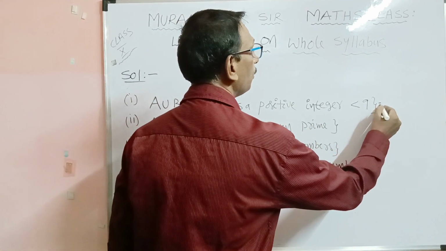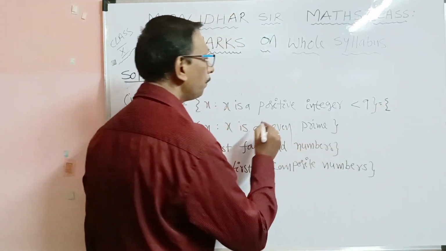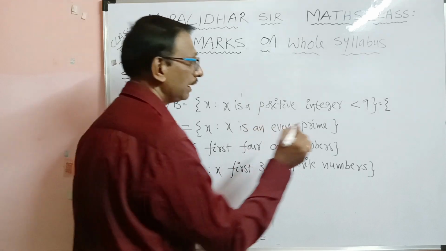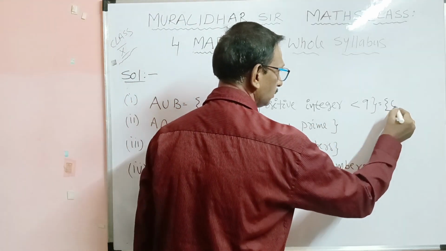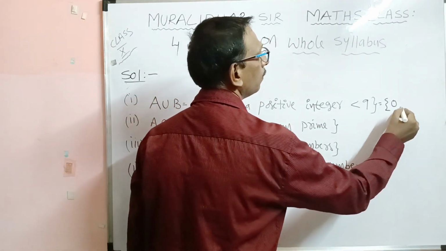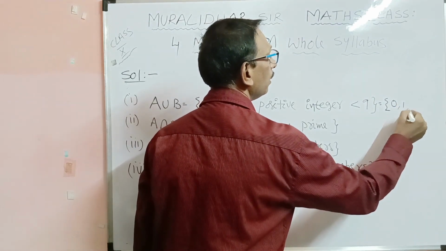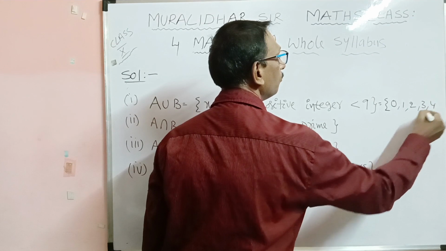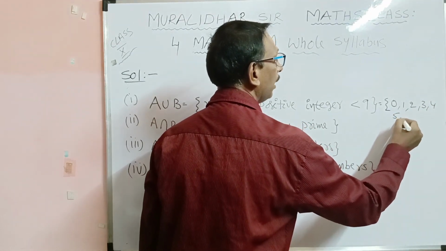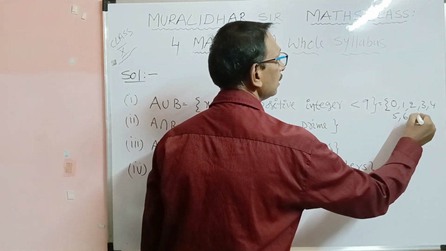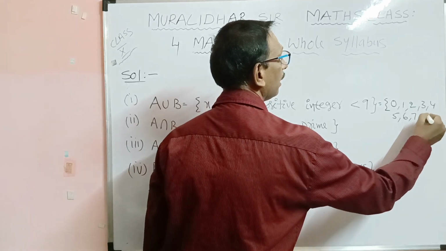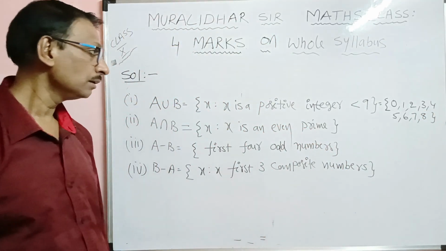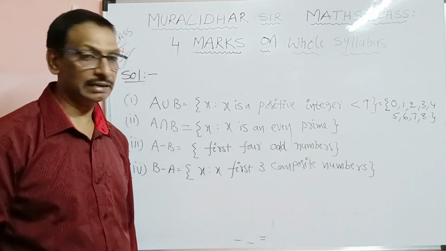That is equal to positive integers less than 9, that is 0, 1, 2, 3, 4, 5, 6, 7, 8. Positive integers less than 9.